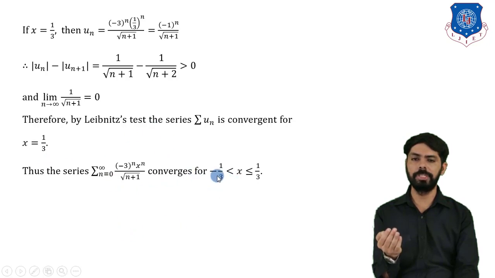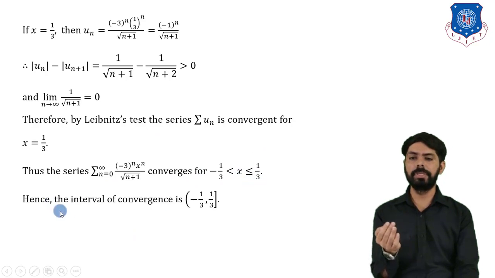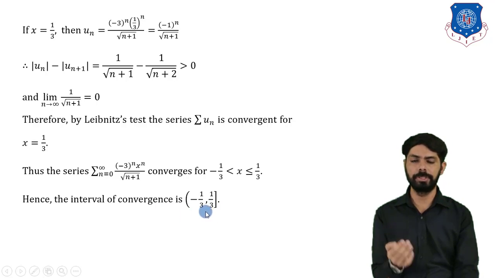Therefore the series converges for minus 1 divided by 3 less than x less or equal to 1 divided by 3. Hence the interval of convergence is open interval minus 1 divided by 3 to close interval 1 divided by 3. So this is the interval of convergence.